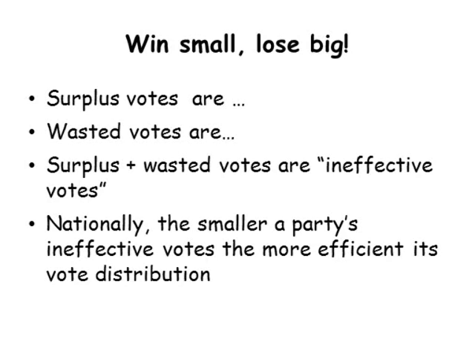Let's identify two kinds of votes: surplus votes and wasted votes. Surplus votes are any votes won by a party winning the constituency by more than one vote. So if a constituency is won by a candidate by one vote, there are no surplus votes. You need to have one vote more than your nearest challenger. If the constituency is won by 20,000 votes, however, then you could say that 19,999 of those 20,000 votes are surplus.